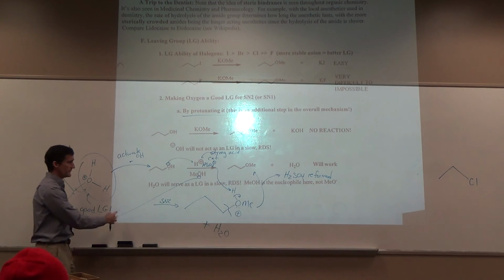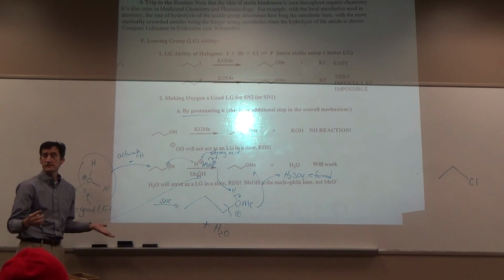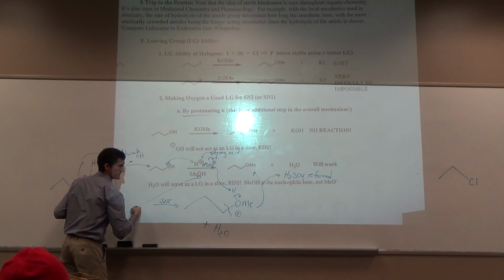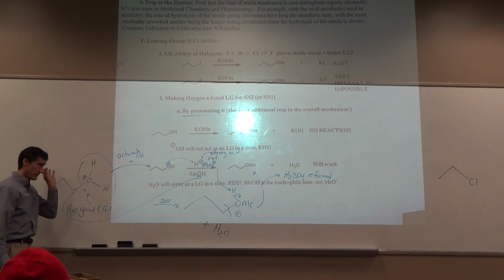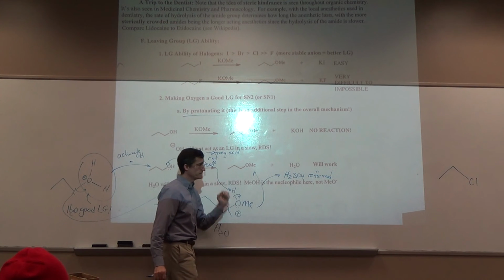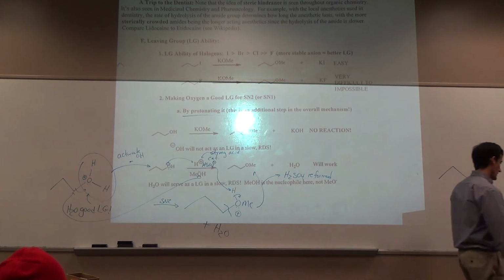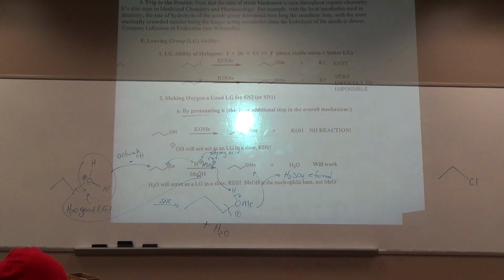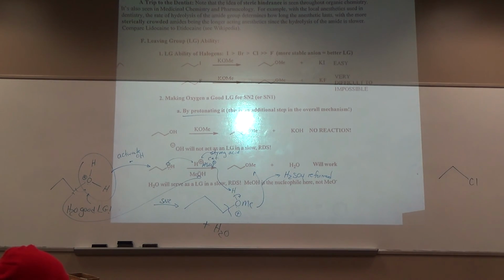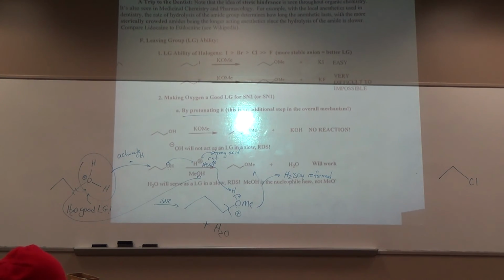A lot of students see 3 steps here and say it ain't SN2. SN2 is just 1 step. Well, no, the substitution part is 1 step. We had an activation step, and then we had to remove the proton. So, in the end, how do you make OH a better leaving group? Protonate it. With what? Strong acid, which is a catalyst.